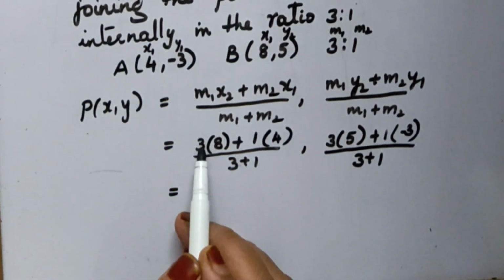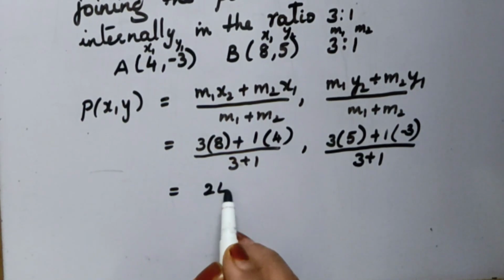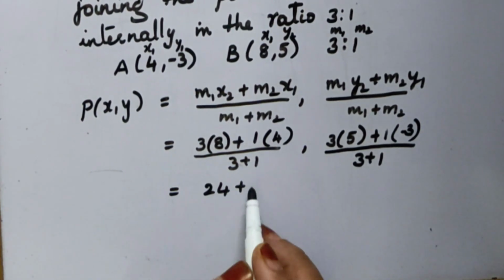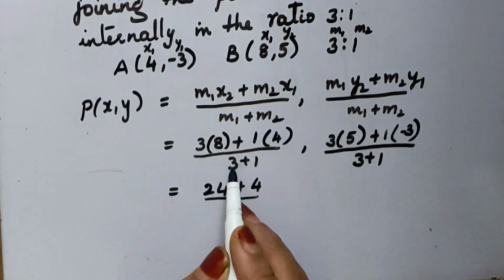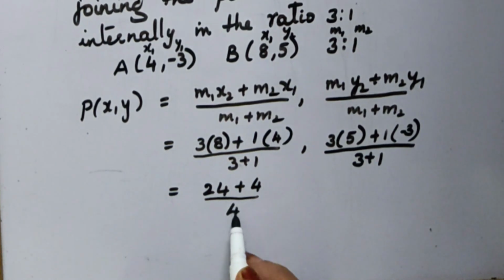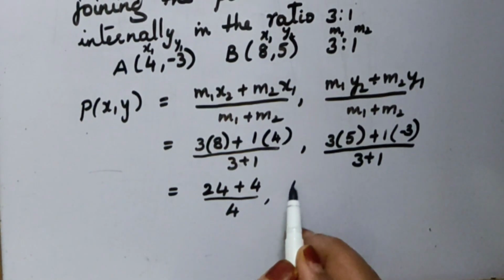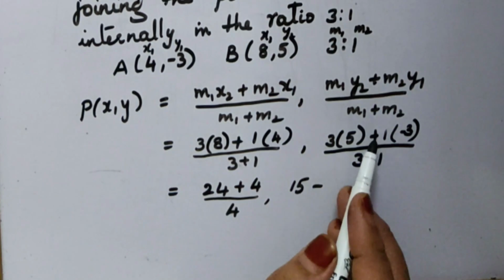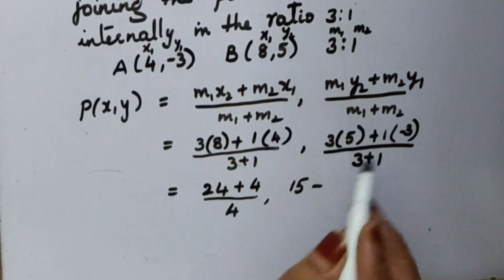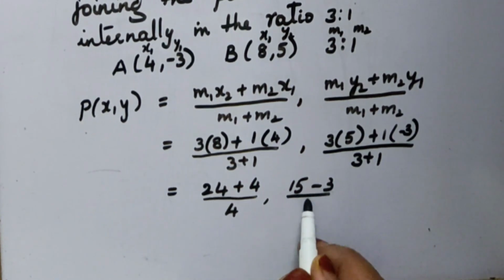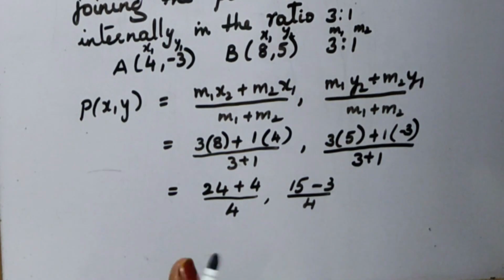Now let us multiply. 3 8s are 24 plus 1 4s are 4 upon 3 plus 1 is 4, comma 3 5s are 15, so plus into minus is minus, 1 3s are 3 upon 4, right?